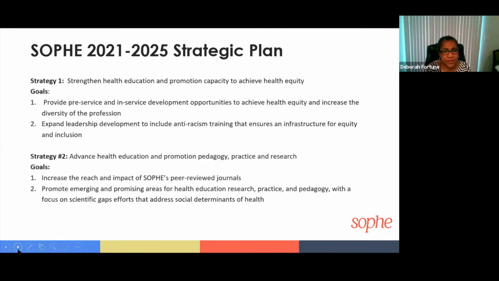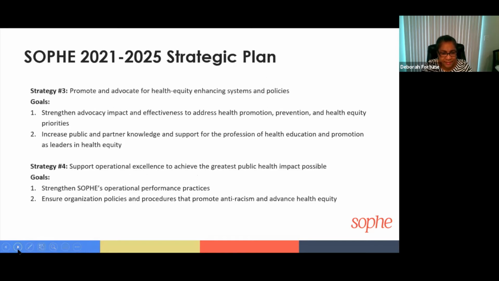As you can notice in our first one, we want to strengthen health education promotion capacity to achieve health equity. And in terms of looking at health education, we place emphasis on pedagogy, or what we say is professional preparation, our practice for people out in the community, as well as our research. Those 3 areas are very important to SOPHE as a professional organization.